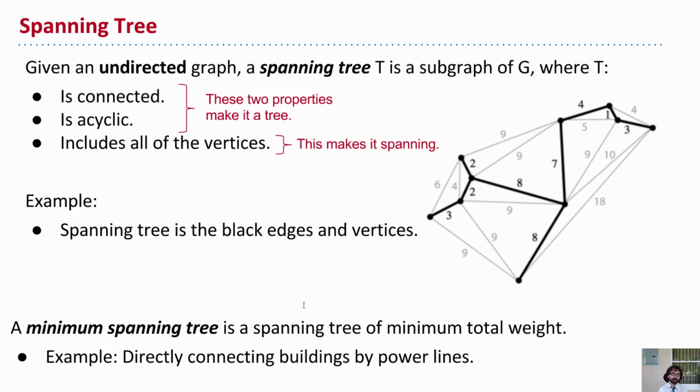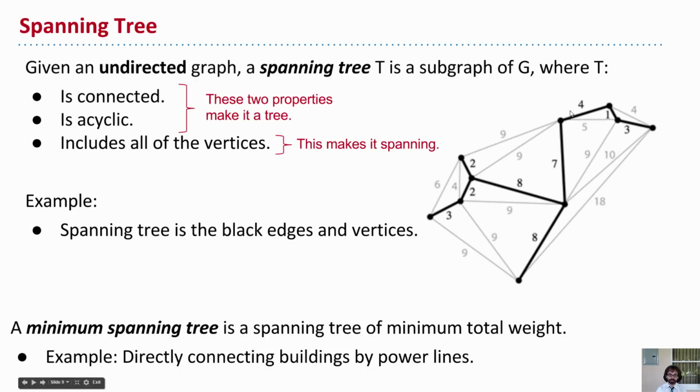Okay? So let's start by just defining things. We'll start with what a spanning tree is. Given an undirected graph, a spanning tree T is going to be a subgraph of that original graph, where T has a few properties. One, it's connected. That means all of these pieces here and all of these pieces here are connected, right? There's no gaps. It's not two disconnected pieces.